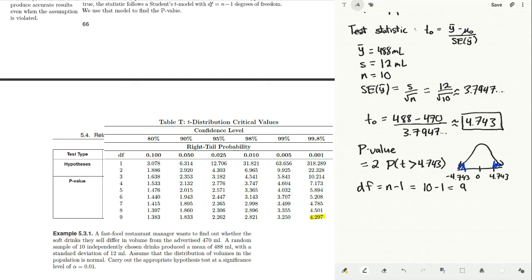So now let's write down the area the table is giving us. So the area to the right of 4.297 is 0.001.